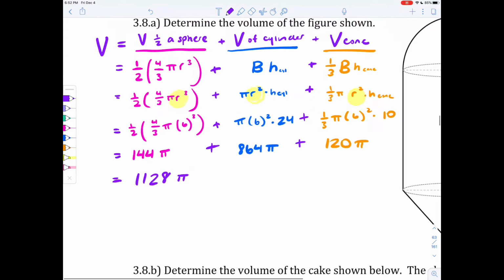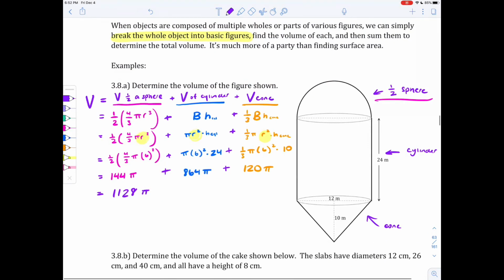Now, one thing to note is that the question didn't specify if I should be looking for exact or approximate volume. So the rule of thumb that we're going to follow is if it doesn't state, it's always going to assume exact. You could see that in the question it'll either say to round your answer to the nearest hundredth. That would then imply approximate.